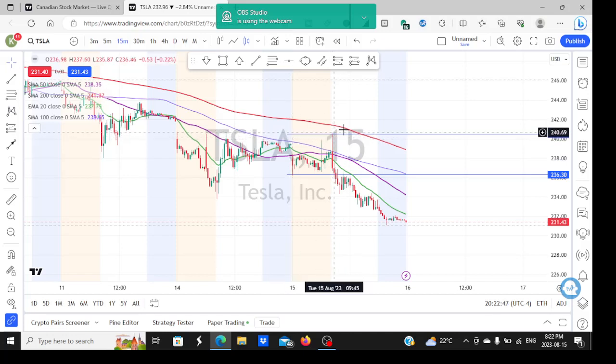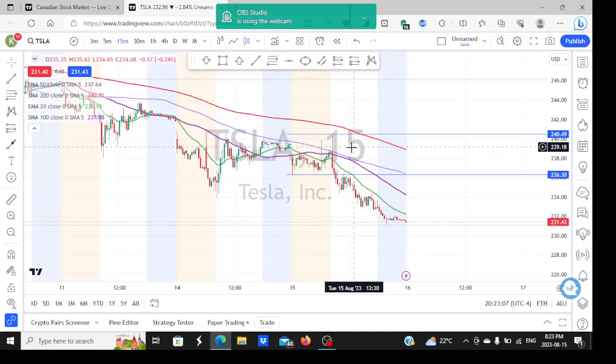So if you notice, it was trying to break the pre-market high, but it wasn't strong enough. It was weak and had a long upper wick. So that means sellers were pushing this stock down.